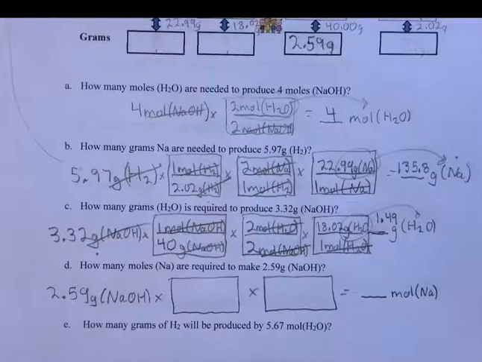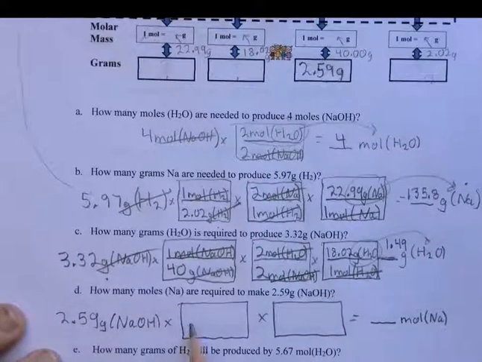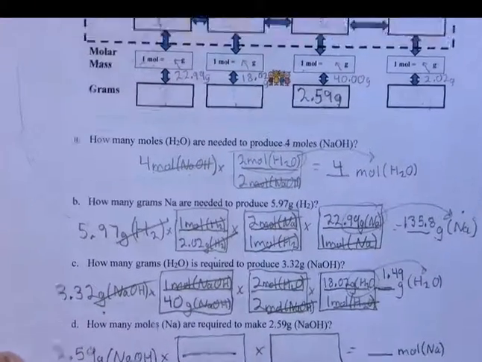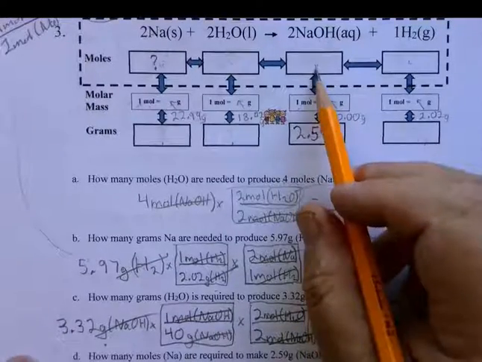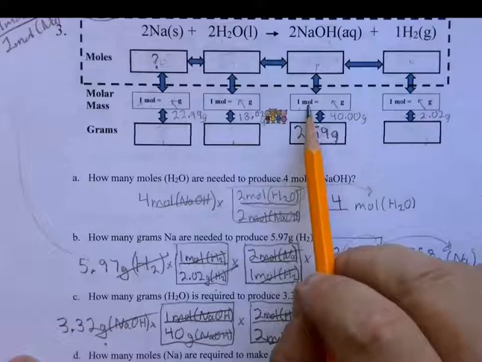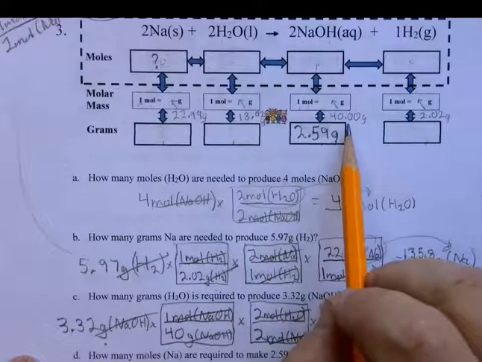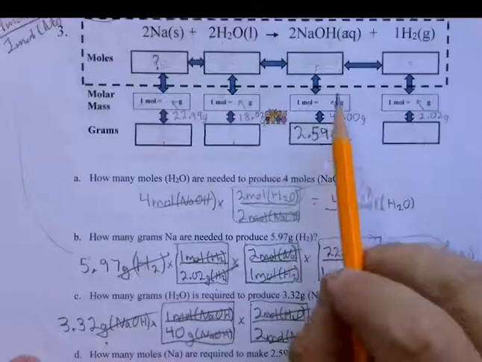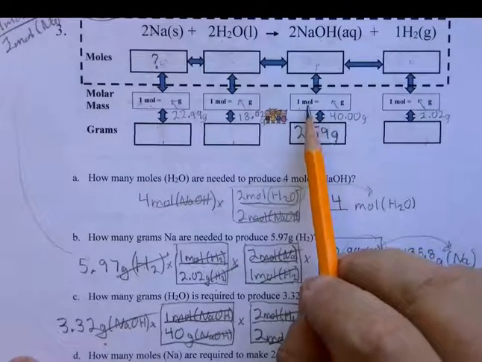Okay, so there we go. All right, so the first one is a molar mass conversion. It's taking us from grams into the equation into moles here. So we can say there's 1 mole of sodium hydroxide for every 40 grams sodium hydroxide, or 40 grams sodium hydroxide for every 1 mole.